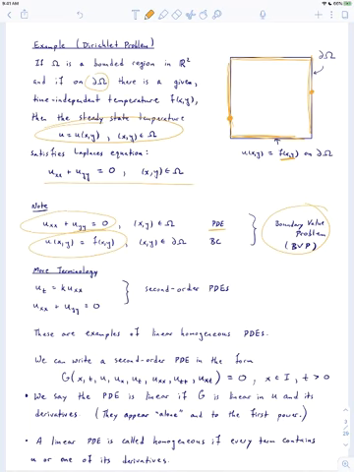Let's introduce a little bit more terminology, which you probably know from your ordinary differential equations class. So these partial differential equations that we've looked at so far: first we had the heat equation here, and the second one is Laplace's equation.